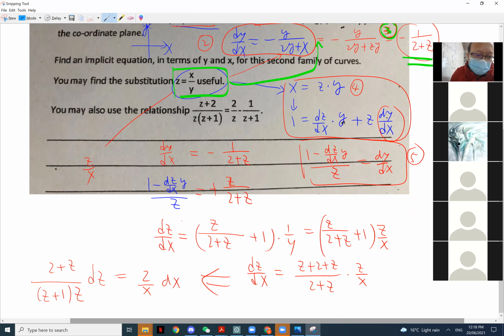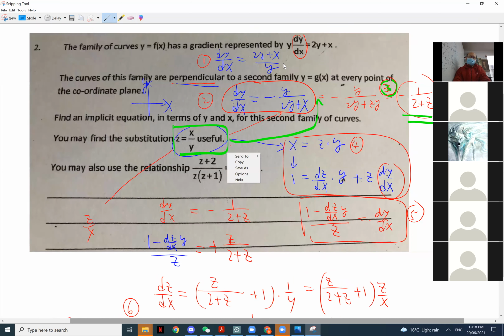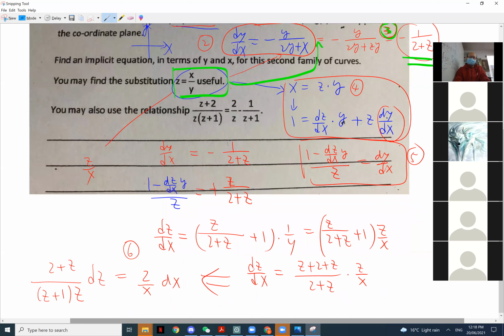Yeah, a lot of algebra. The gradient is given if perpendicular is -1 over, and we try to simplify.